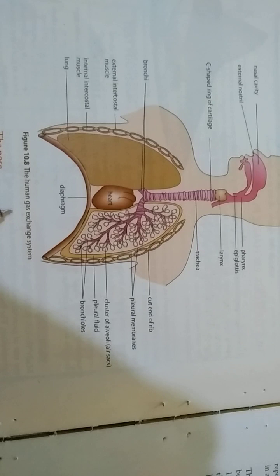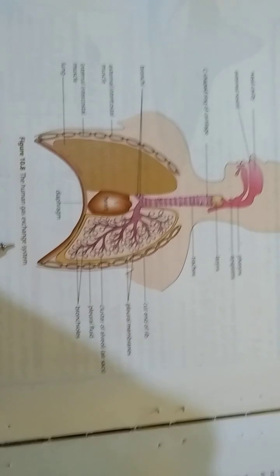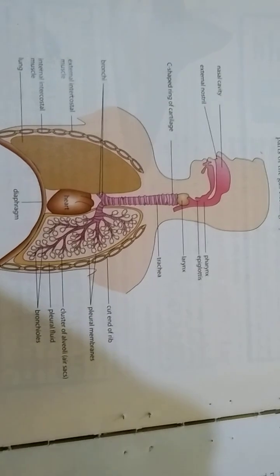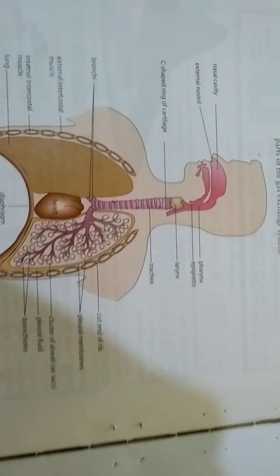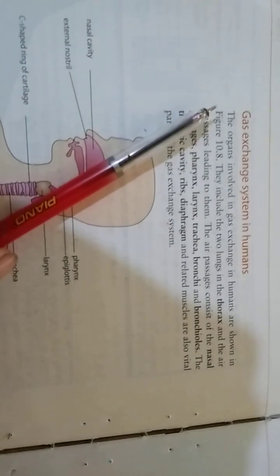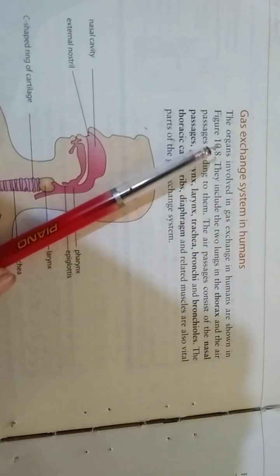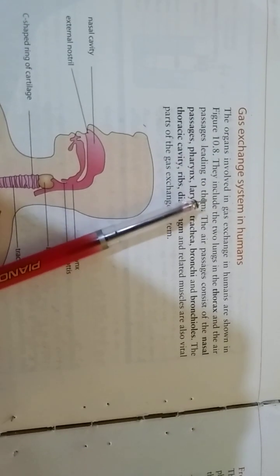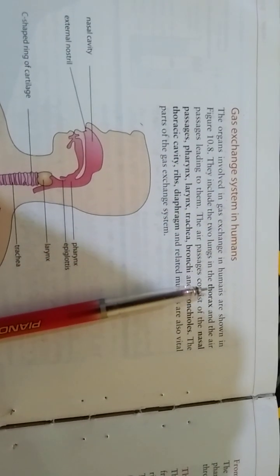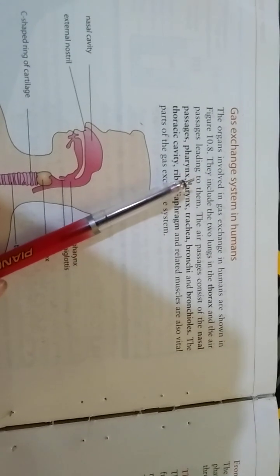The human gas exchange system. Now we read about the respiratory organs, your respiratory system. Gas exchange system in humans. The organs involved in gas exchange in humans are shown in figure 10.8.